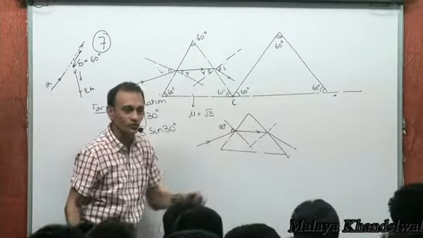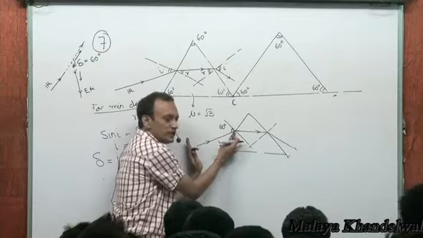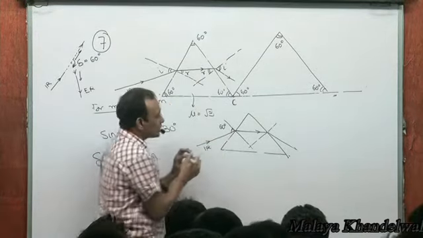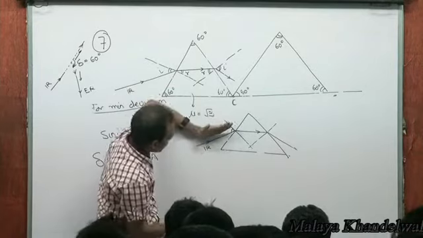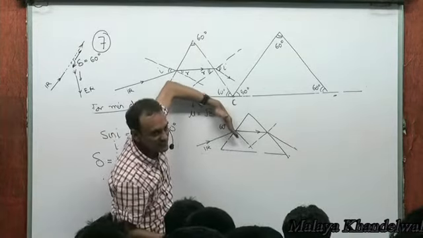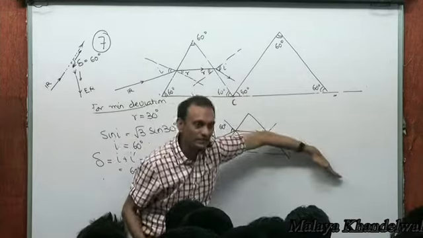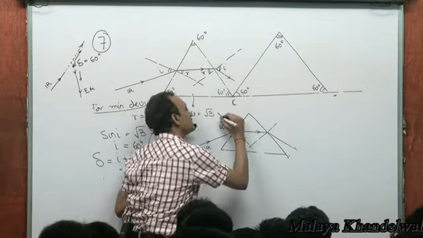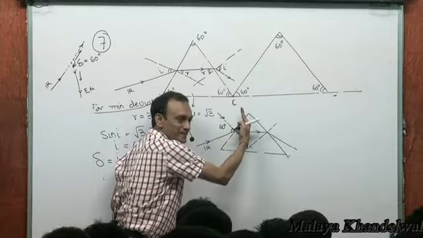Yes or no? So think of it in C2 only. This was the incident ray. What did the prism do? The prism rotated it clockwise by 60 degrees, so that this became the final direction. That means the prism produced an emergent ray which was like this after rotating by 60 degrees.